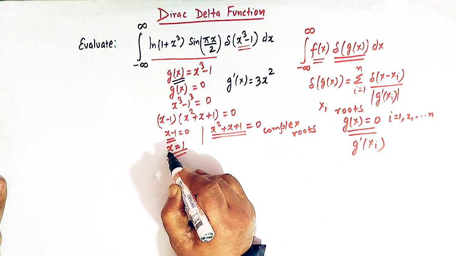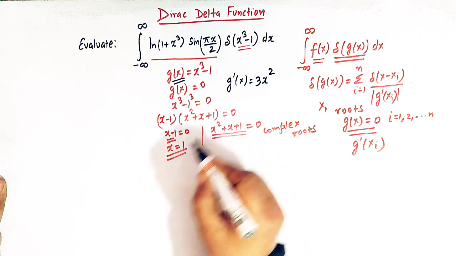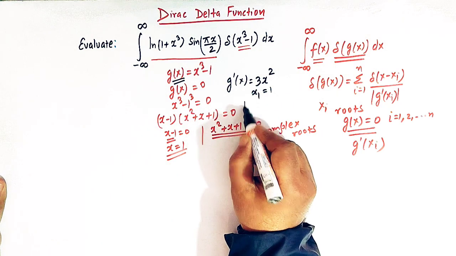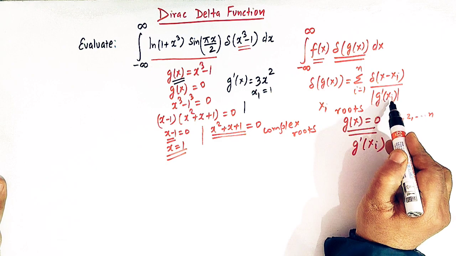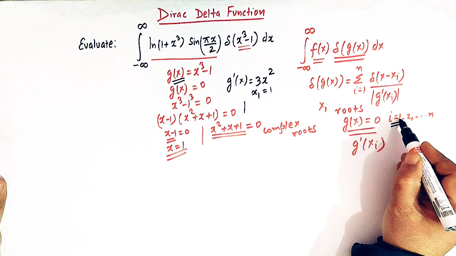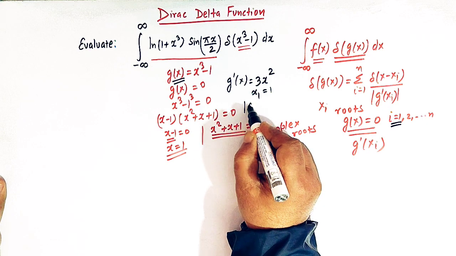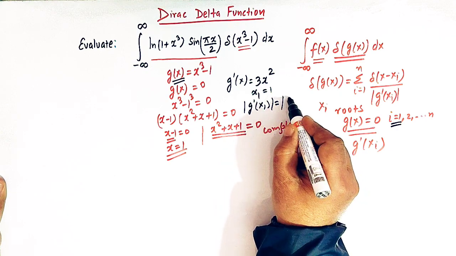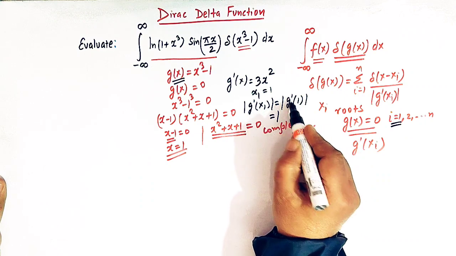Since we have only one root, x is equal to 1, we denote it by x1, equal to 1, and i is equal to 1 only. So we find the absolute value of g prime of x1, that is mod of g prime of 1.